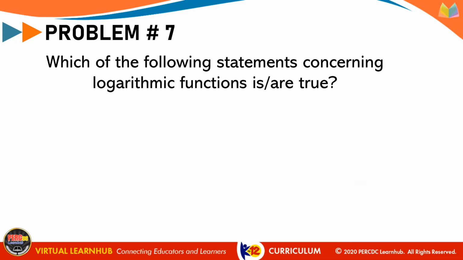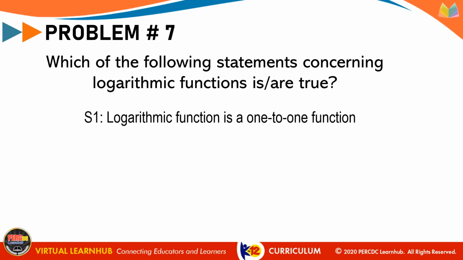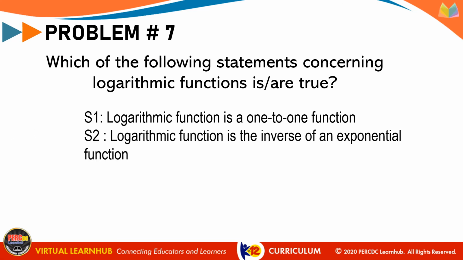Problem number 7. Which of the following statements concerning logarithmic functions is or are true? Statement number 1. Logarithmic function is a one-to-one function. Statement number 2. Logarithmic function is the inverse of an exponential function.